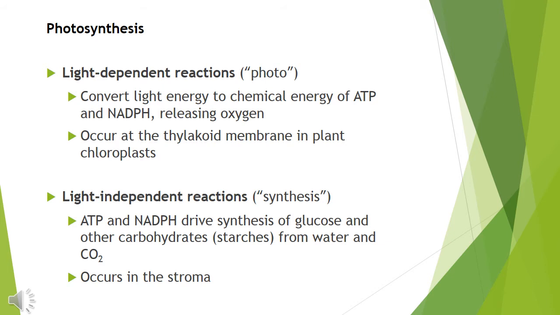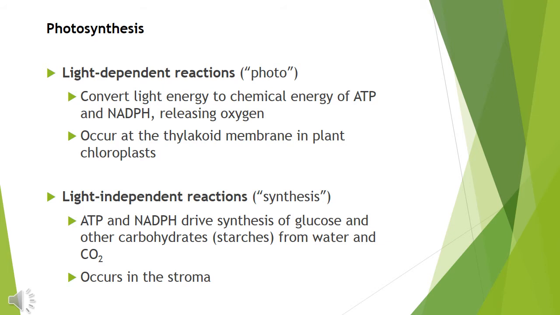The stroma is that liquid part outside of the thylakoid membrane, but still within the chloroplast. Okay, so picture that. Go back and look at the picture if you need to. Go back and look at the chemical formula if you need to have an understanding of which parts we're talking about. Which side of the arrow are we talking about? Are we talking about the reactants or are we talking about the products?